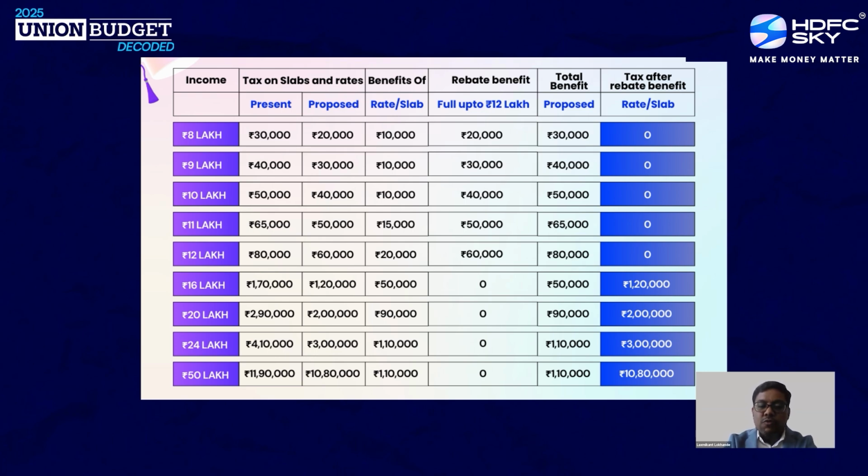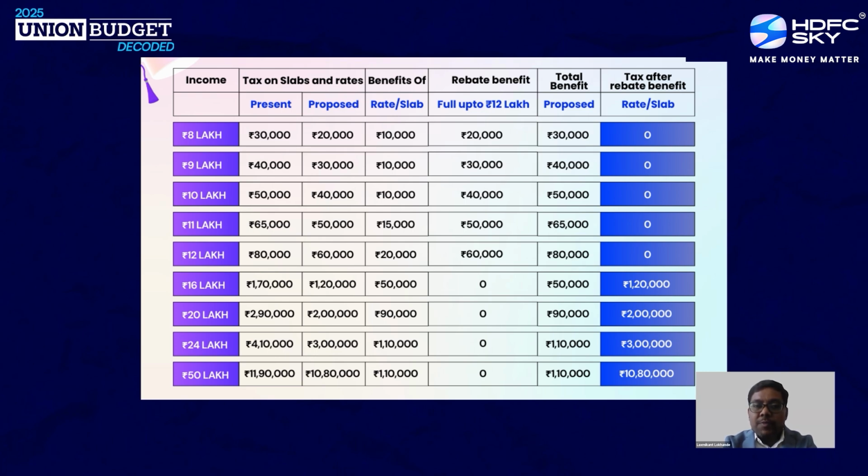Now let's go through these numbers in detail. Take an individual earning less than 12 lakh who has opted for the new regime, say with an example of 10 lakh income. Given the tax brackets announced in the new tax regime, up to 4 lakh rupees there is nil tax.